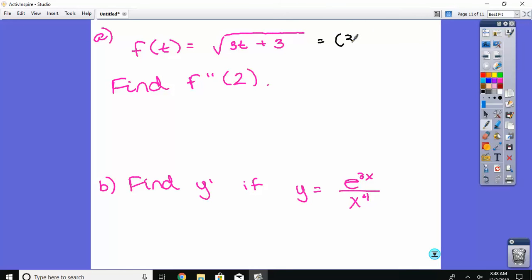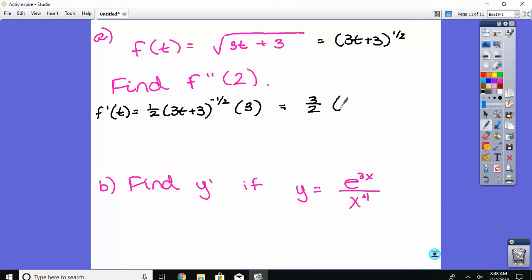So this is like 3t plus 3 to the 1/2. So then your first derivative, the 1/2 comes down, inside stays the same, subtract 1 from the power, times derivative of the inside, which would be 3. So that's 3 over 2 times 3t plus 3 to the negative 1/2. But I want the second derivative.